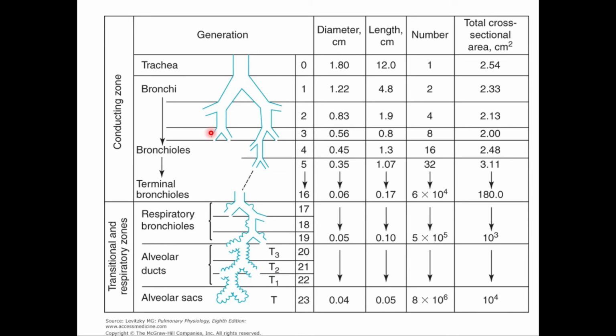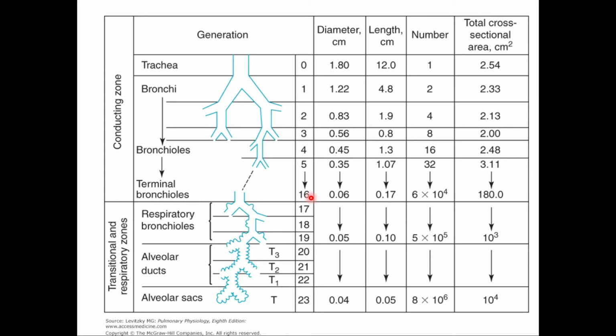Here, the first 16 generations of the airways make up the conducting zone, up to here. The trachea is generation 0 and the bronchi are generation 1, then 2, 3, 4, 5 and up to 16 generations of airways. The conducting zone contains no alveoli and thus is anatomically incapable of gas exchange with the venous blood. So we can see here that air just passes from the trachea up to this stage.